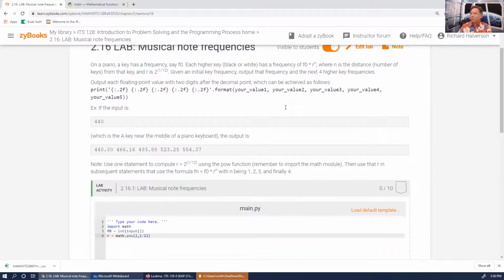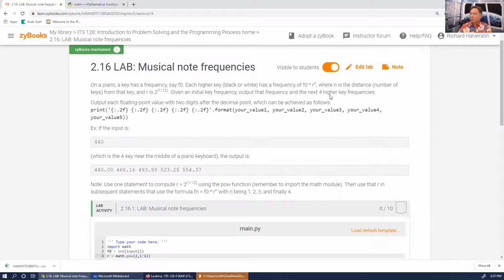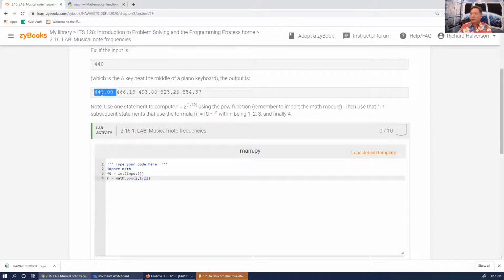And then I'm going to call this F0, this F1, F2, F3, F4, according to this formula.